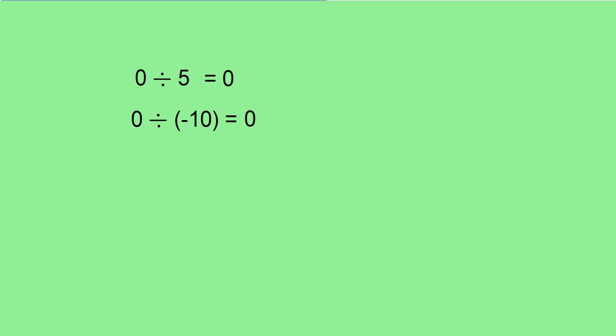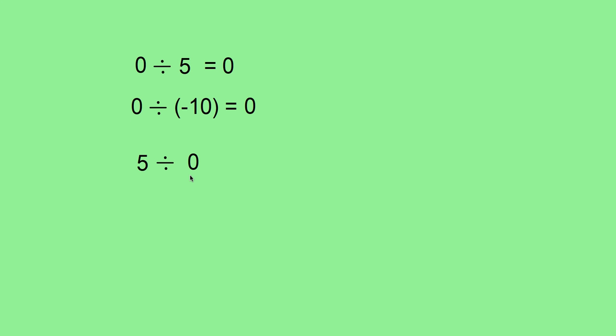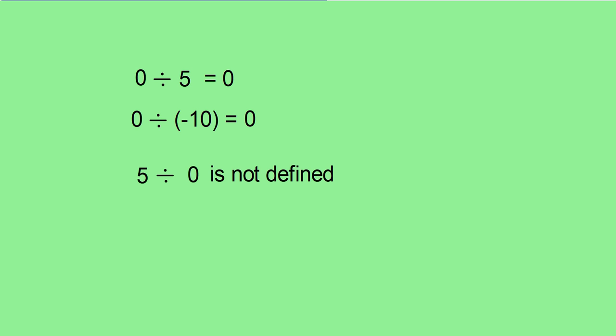But what is 5 divided by 0? Is it 0? No. Is it 5? 5 also not. Then what is 5 divided by 0? This you cannot find out. So we can write 5 divided by 0 is not defined.